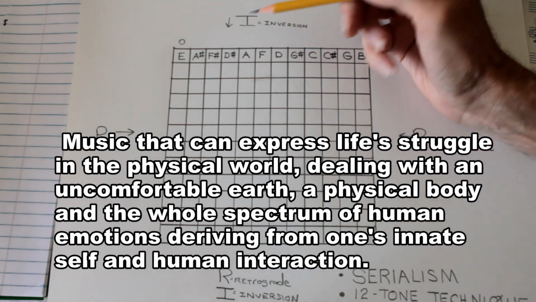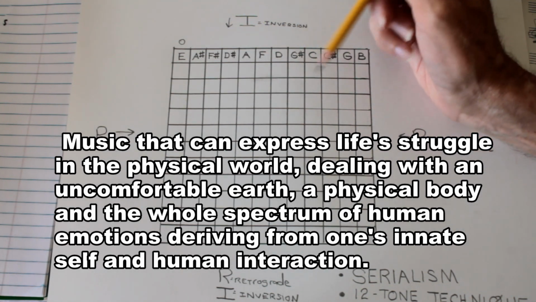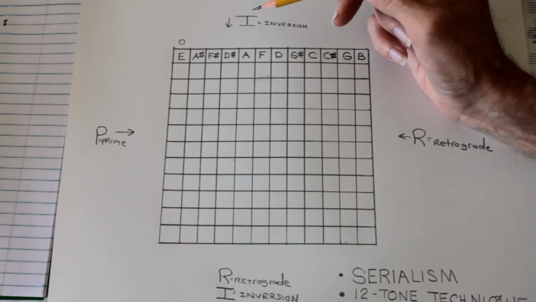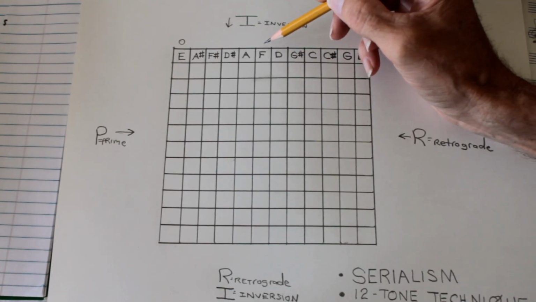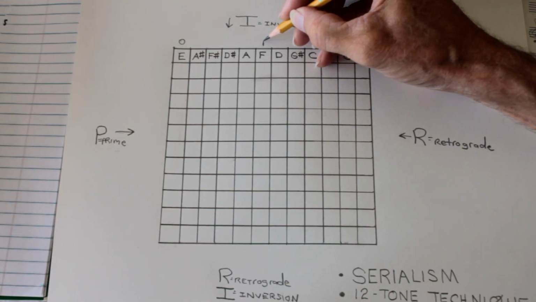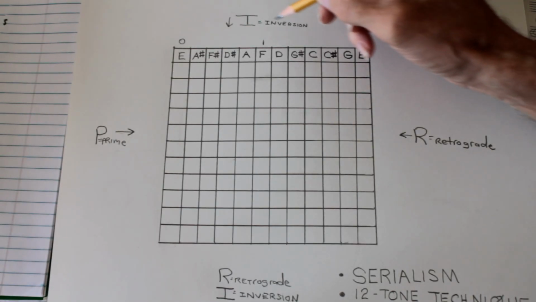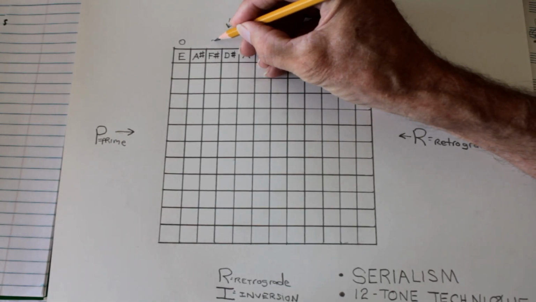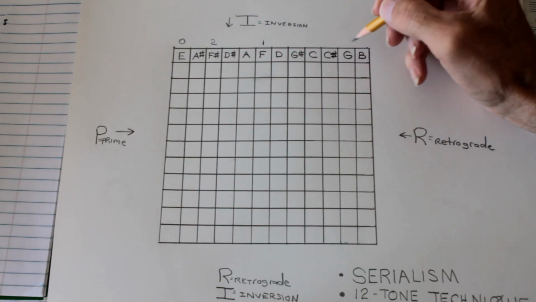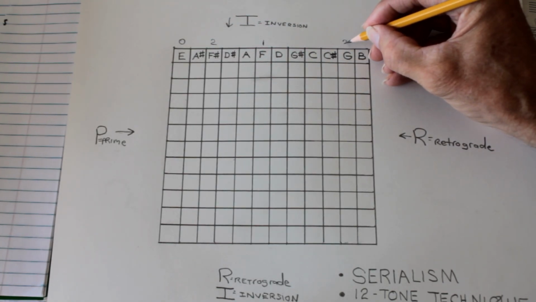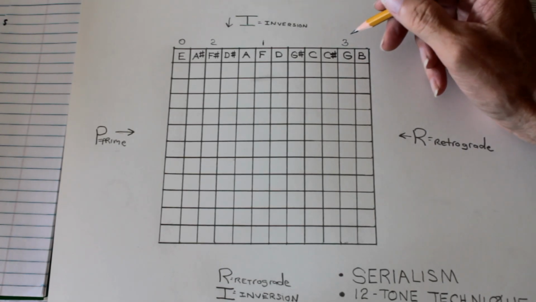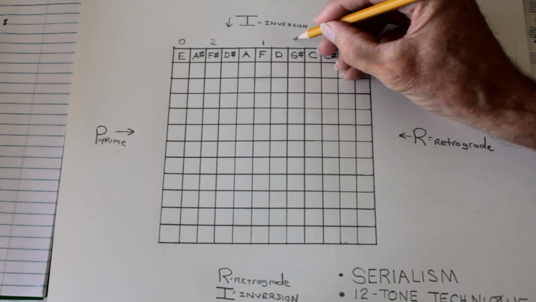Okay, that's 0. And then we need to find out, chromatically speaking, what is the next note in line after E. It would be F, right? So that would be 1. And then 2 would be F sharp. 3 would be G. 4 is going to be G sharp.